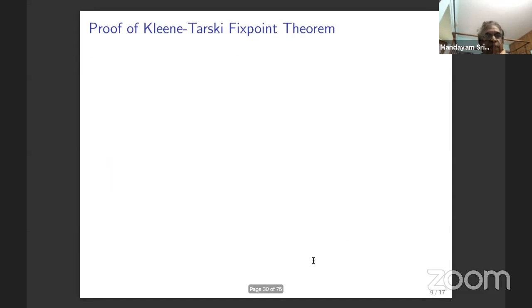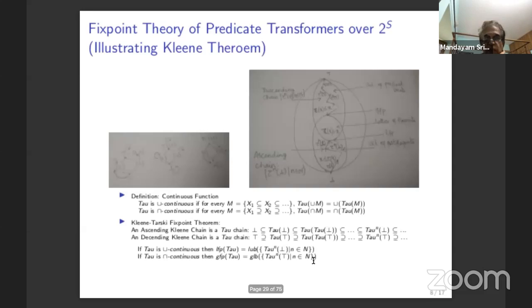This theorem I will present a proof of, because this is the one that forms the basis for all fixed point model checking algorithms, specifically the CTL model checking algorithm.